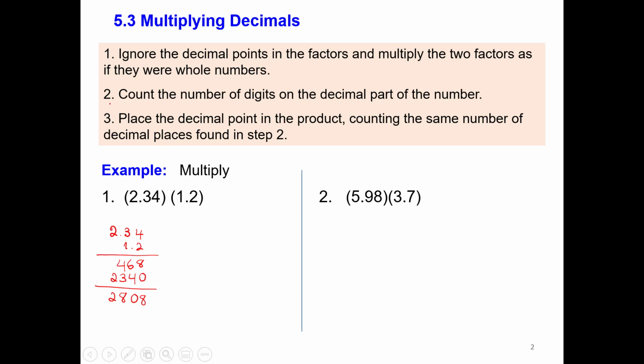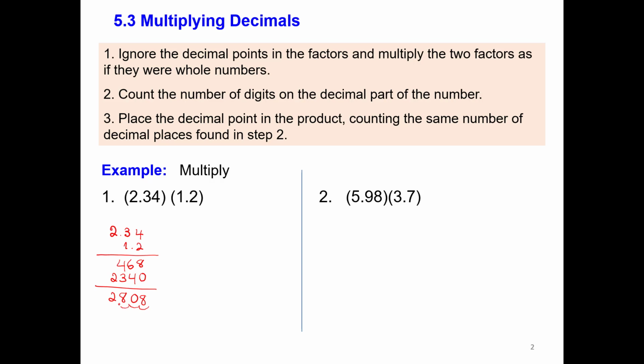The next step, number 2, is we count the number of digits in the decimal part. Then we had here 1, 2, 3 digits. Now we count the same number of decimal places in the product: 1, 2, 3.